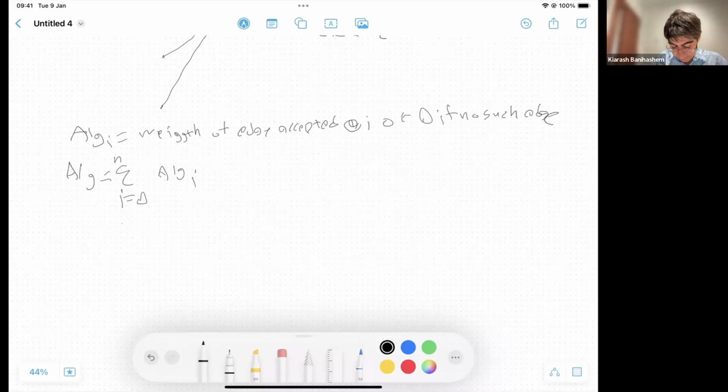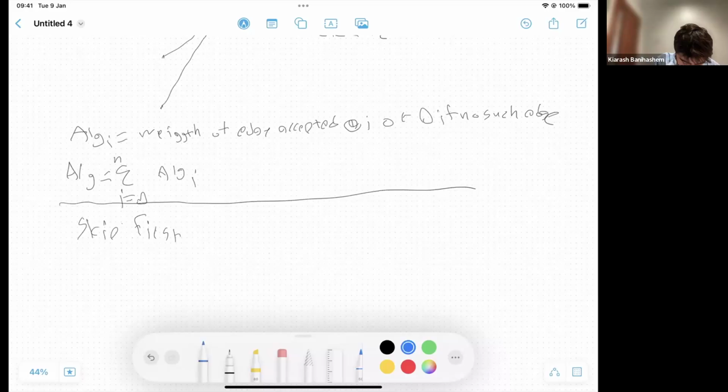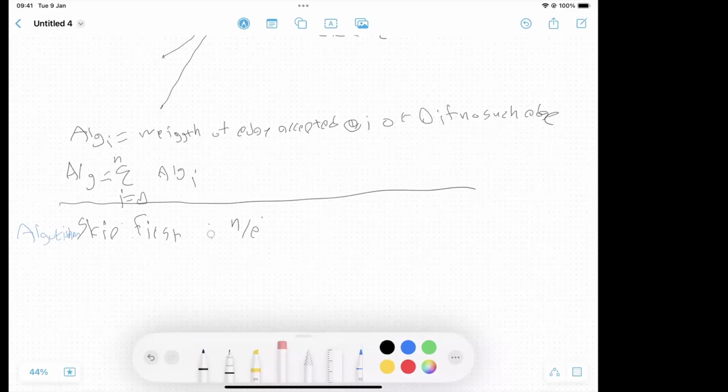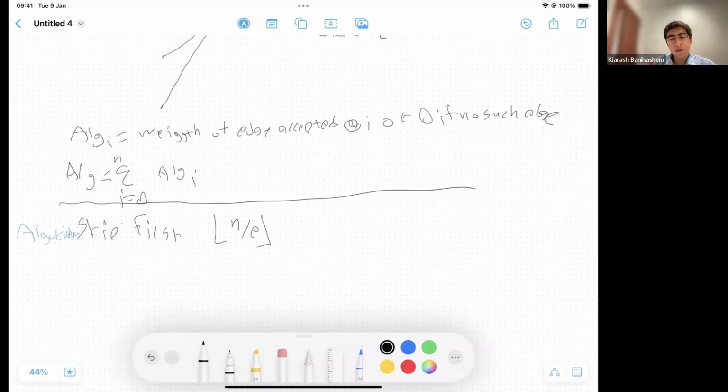So the algorithm is, as before, I'm going to skip the first n over e vertices, and just burn them.